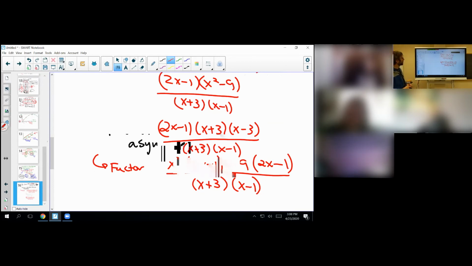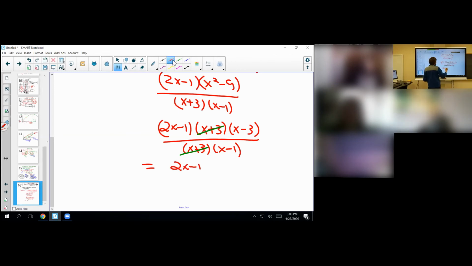Now that we factored it, you'll notice something cancels. The x plus 3 cancels. So this actually simplifies to 2x minus 1 times x minus 3 over x minus 1.